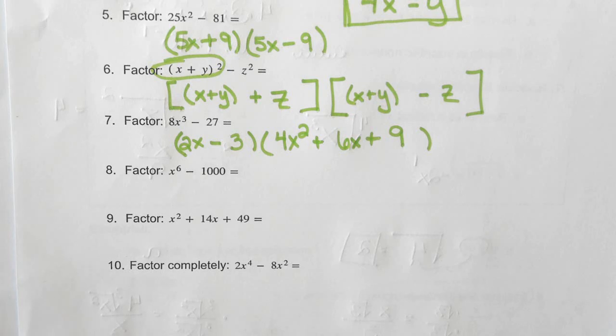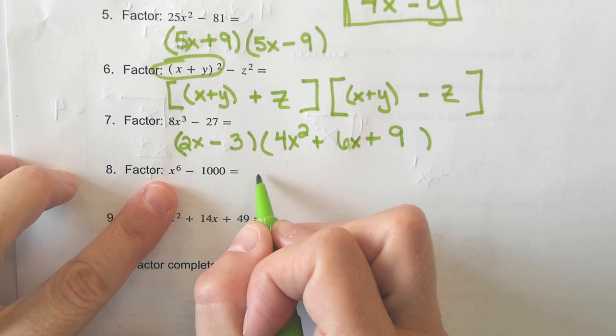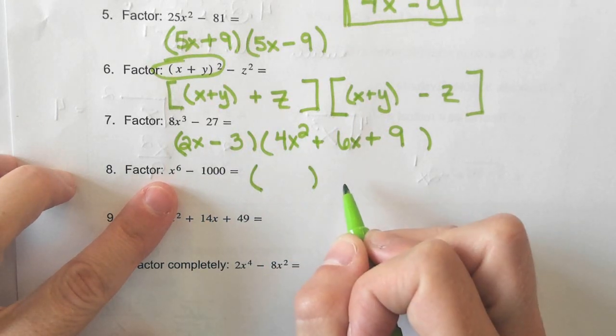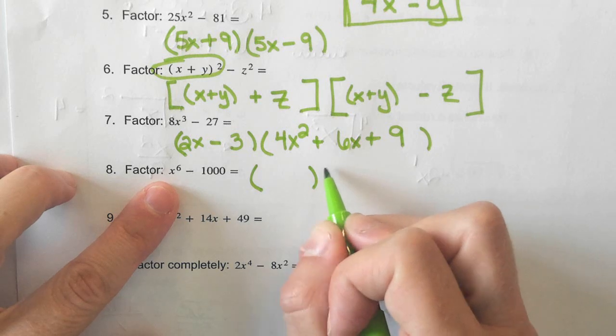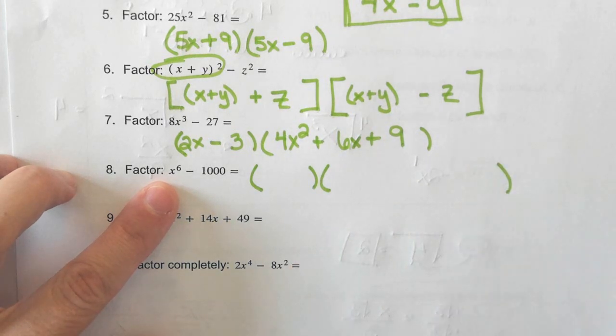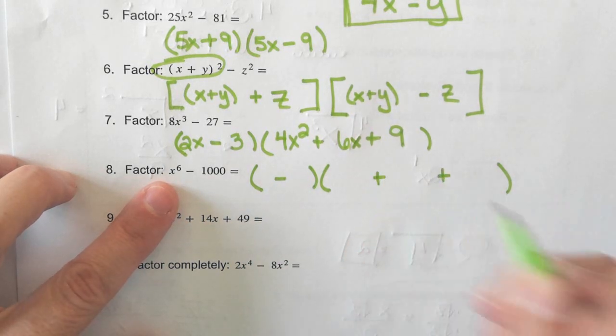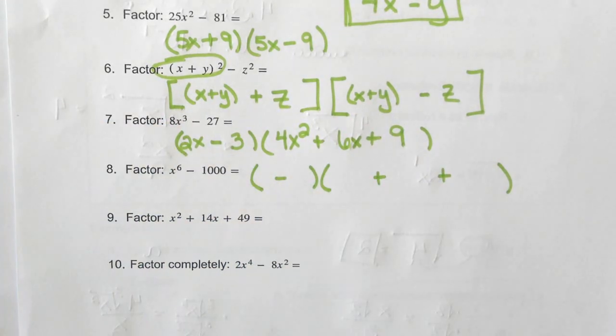Okay. Next one. That one looks like a difference of cubes too, doesn't it? Yeah. Let's deal with difference of cubes again. So we've got one set of parentheses for one small, then one set of parentheses that's going to be bigger. We've got minus, plus, plus this time for our symbols, same as the last time.